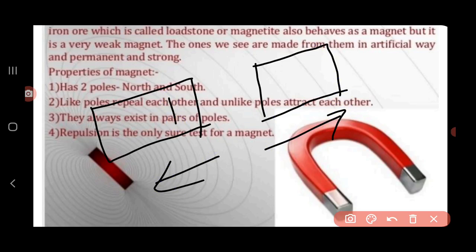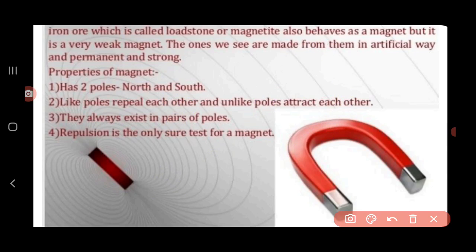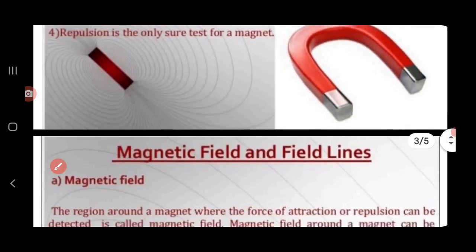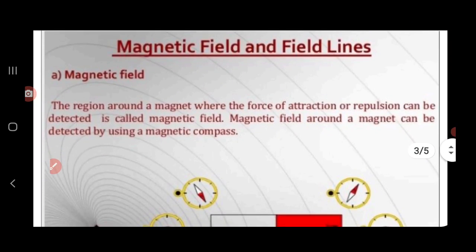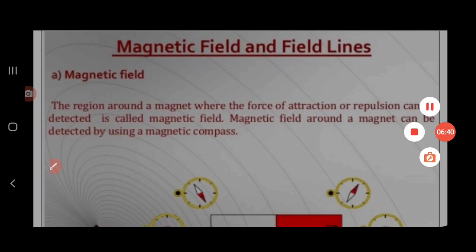So, magnetic field is a space around the magnet within which it can exert a magnetic force on another magnet or magnetic substance. So, the region within which its force can be experienced is considered as a magnetic field.